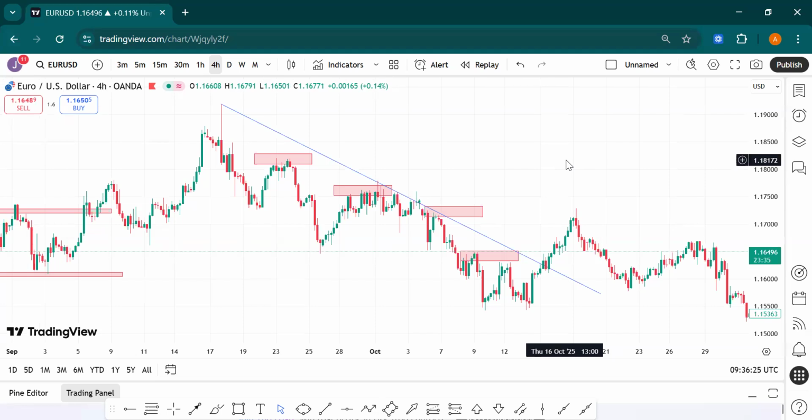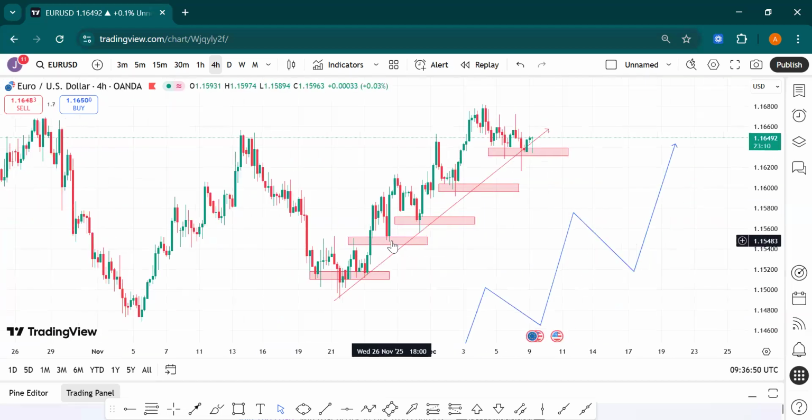So the assignment you're going to do for me, you're going to open the chart. First, you recognize a downtrending market. You recognize an uptrending market. For the downtrending market, you are going to mark out the lower highs, just like I did now. Is that clear? Then for the uptrending market, you are going to map out the higher lows.